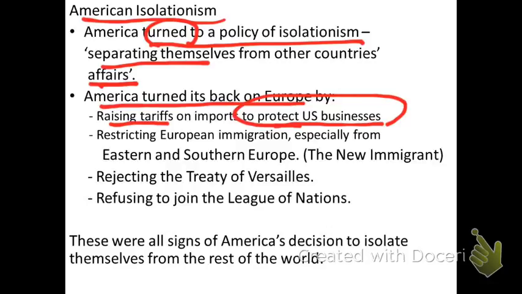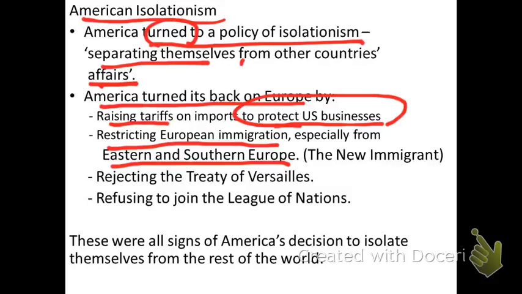Number two, how we turned our back on Europe, we were going to restrict European immigration. And we'll see a couple examples of this in the 1820s. Never mentioned it in this chapter, but they'll be mentioned in the next chapter. Especially from Eastern and Southern Europe, what we refer to as the new immigrants.